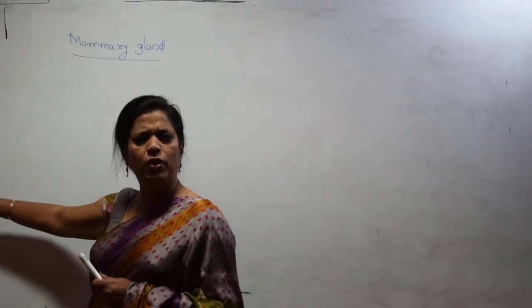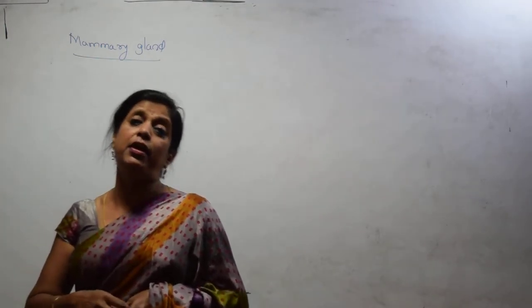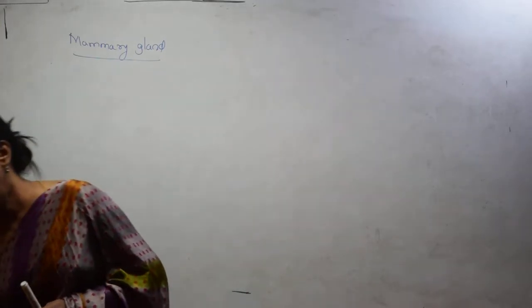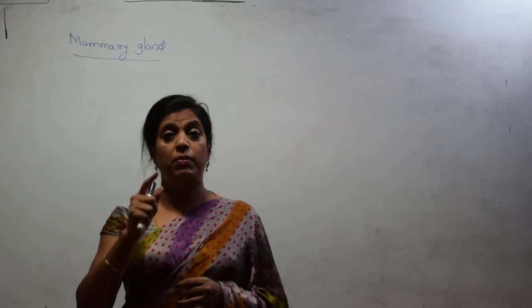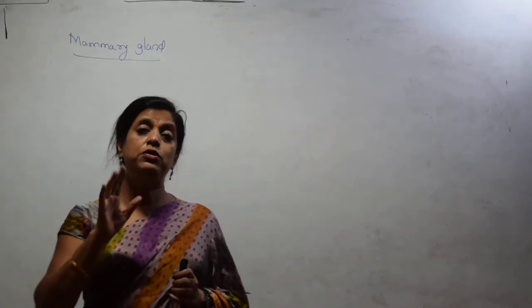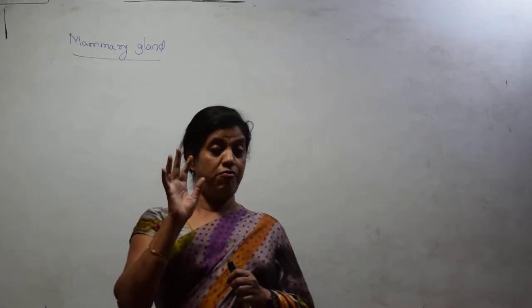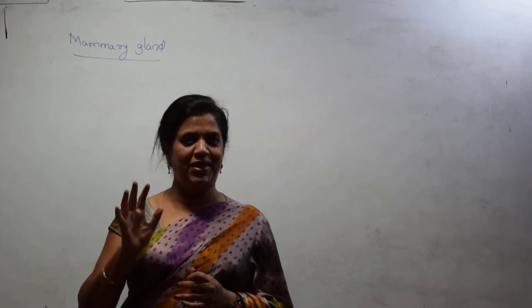I hope you know that females in all mammals feed their young ones with the help of their breast milk. The female mammary gland is an important structure for you, which appears for 5 marks. So let us draw the female reproductive structure.